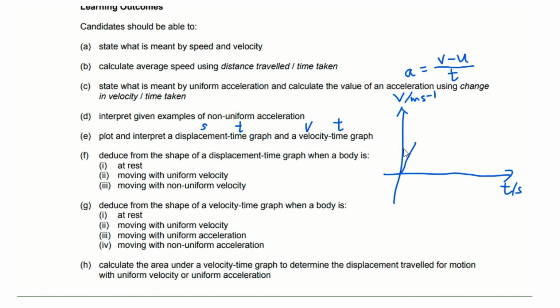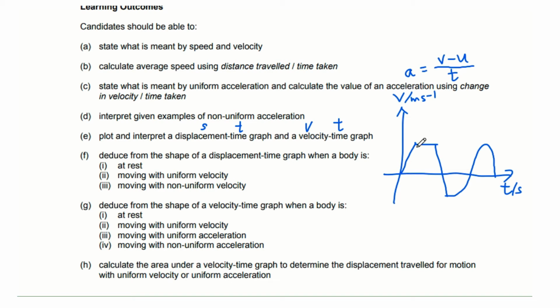From a velocity time graph, because I have V on the y-axis and T on the x-axis, I'll definitely be able to tell the velocity at a particular time. I just need to read off the graph.